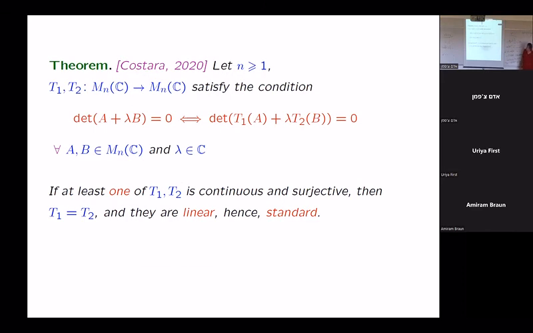It was Konstantin Kostara who considered an even more general problem. We have 2 maps here, T1 and T2, and assuming that at least one of these maps is continuous and surjective, he was able to prove that if this pencil preserving condition is satisfied, then again we have T1 equals T2, and the map is linear and standard.